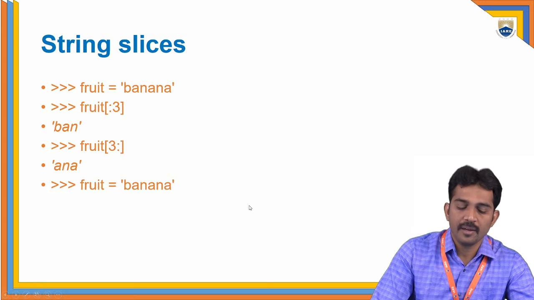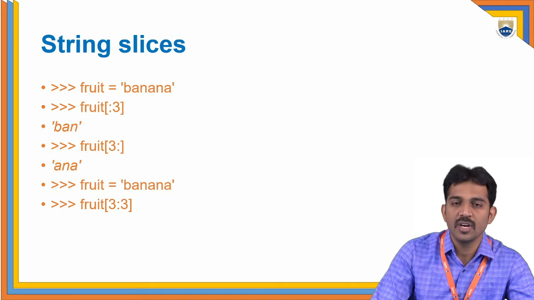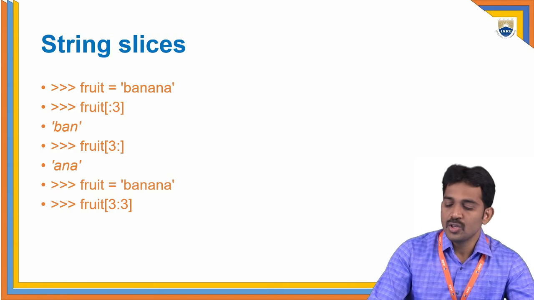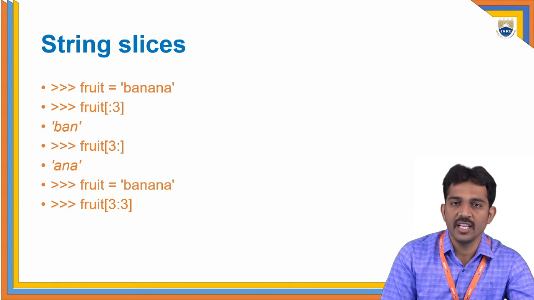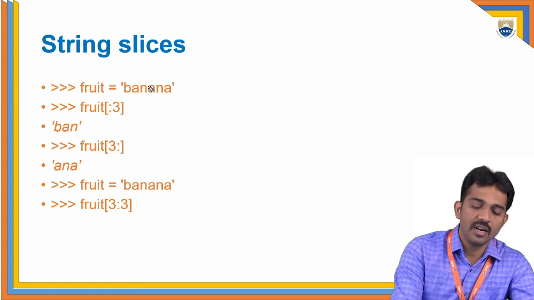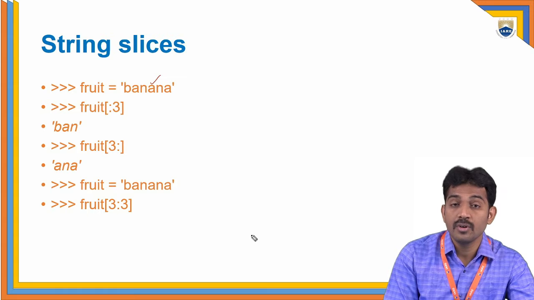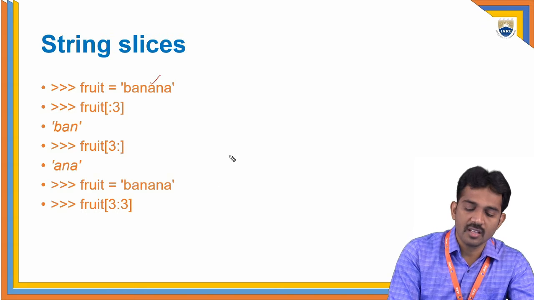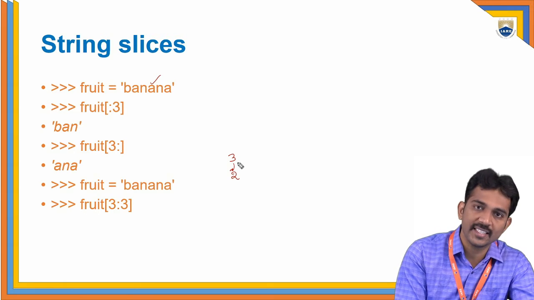Next, fruit banana, right? What happens if you use 3:3? What is the result? Can anyone tell? Just apply the same definition. You should start with 3, the third index. What is at the third index? A. You need to start at the third character and go until third, and third means it goes up to 2 only, which is reverse order, going to the back.